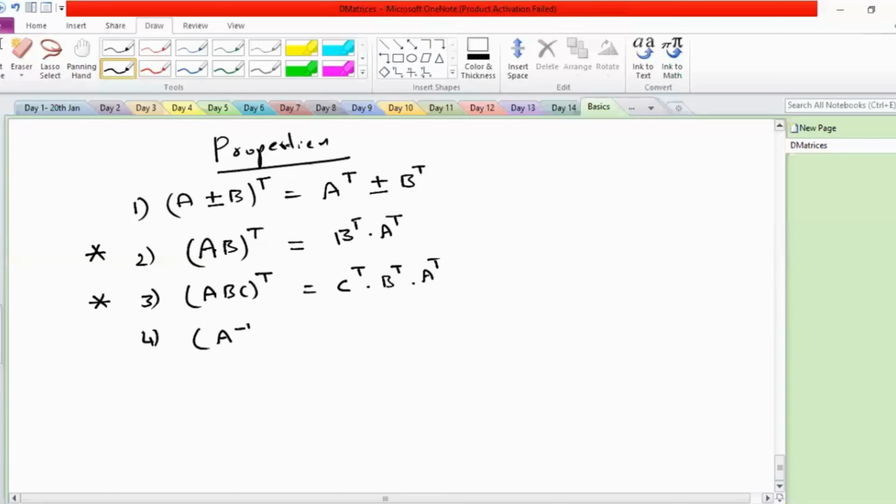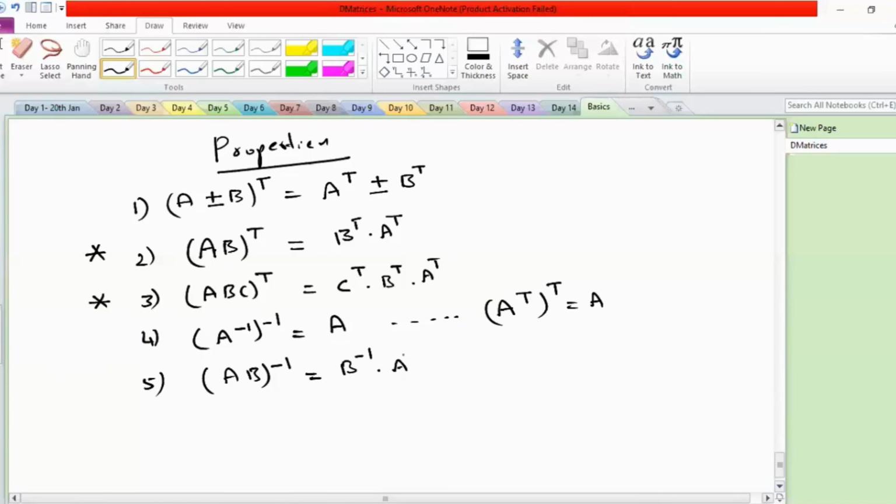A inverse inverse is nothing but A. In the same direction, another corollary: A transpose transpose equals A. (A multiplied by B) inverse is nothing but B inverse multiplied by A inverse.